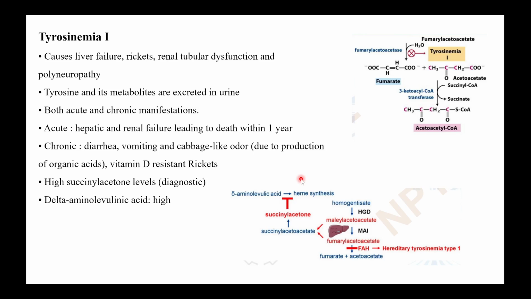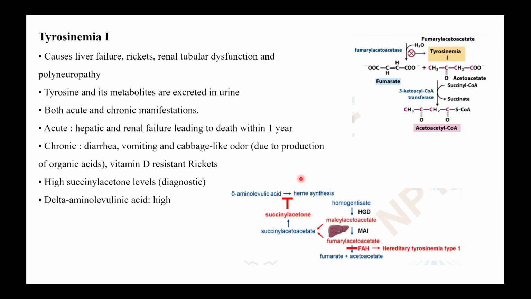Naturally, if you don't have this enzyme, tyrosine cannot be broken down into fumarate and acetoacetate. The last step cannot happen. So tyrosine as well as the other intermediate metabolites like para-hydroxyphenyl pyruvate and fumarylacetoacetate will accumulate, and they will be excreted in the urine because they are not further metabolized.